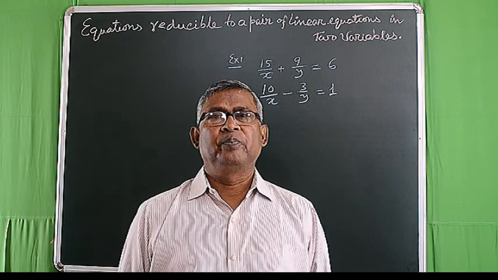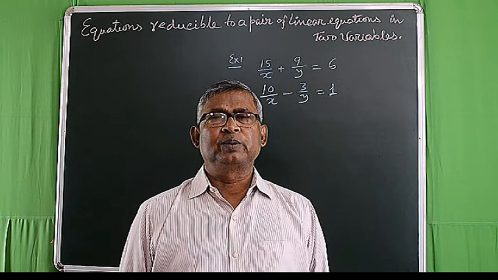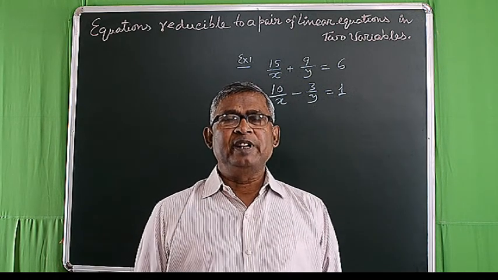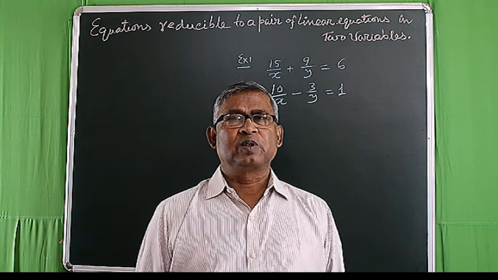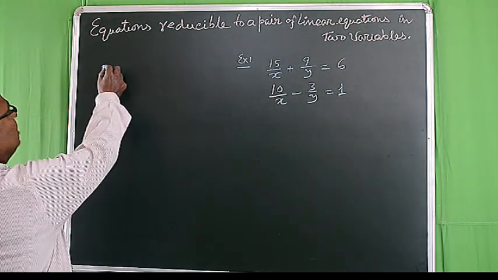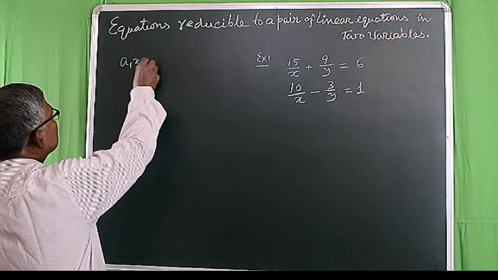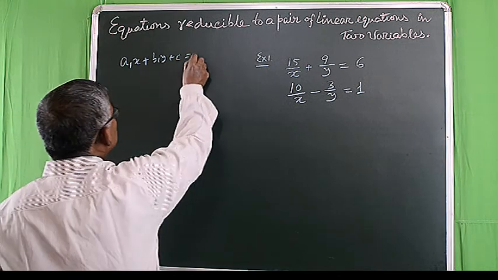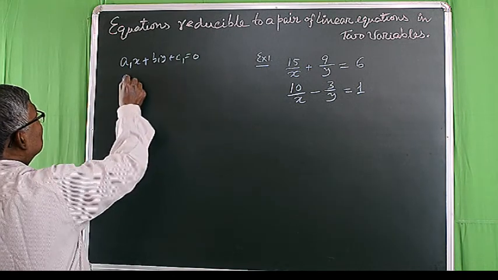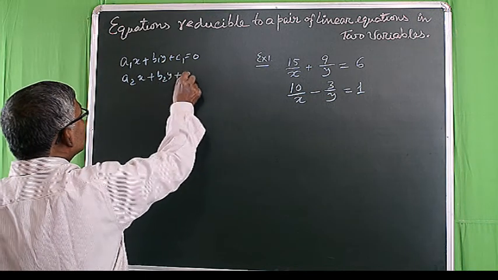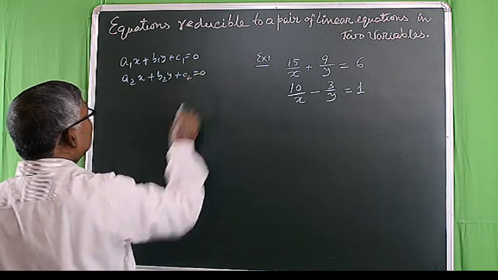Hi students, in my earlier video we have learned how to solve a pair of linear equations in two variables. Suppose a pair of equations in two variables a1x plus b1y plus c1 equal to 0 and a2x plus b2y plus c2 equal to 0.